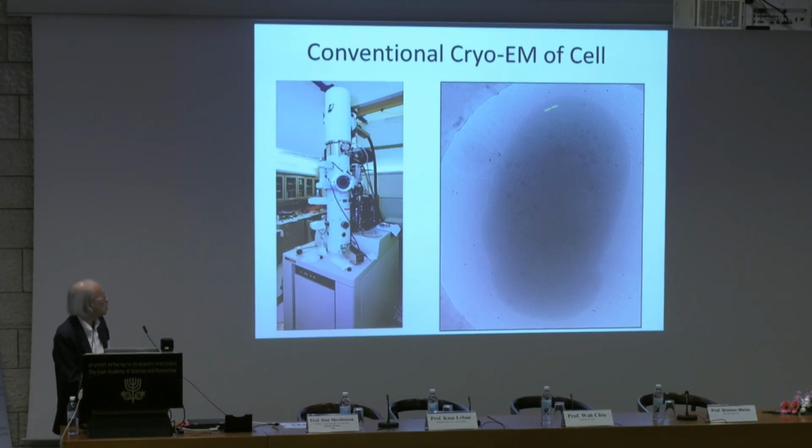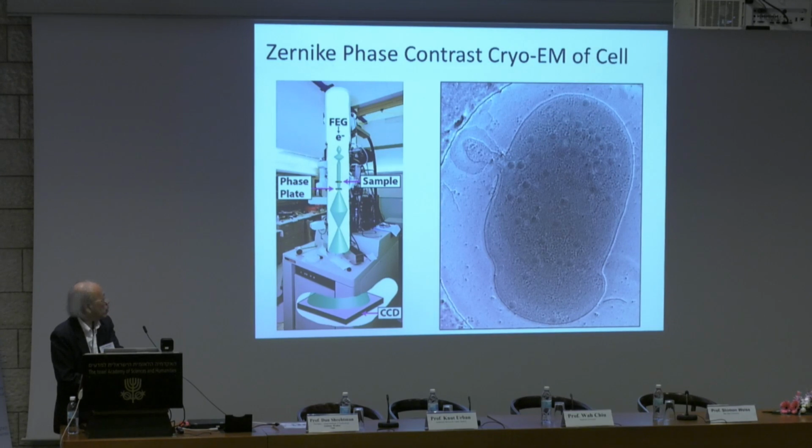And so when you look at the cell, this is around 0.7 angstrom, you can't see anything because they are very thick, about 0.7 micron. Now, what the specimen area is in here, but then we actually modified the microscope, put a phase plate, which was suggested in the optical microscope by Sunney.